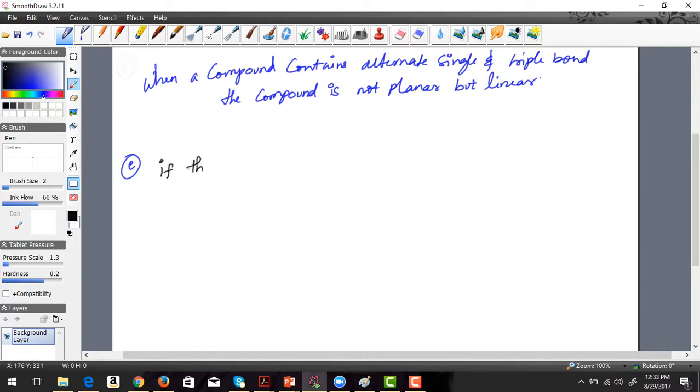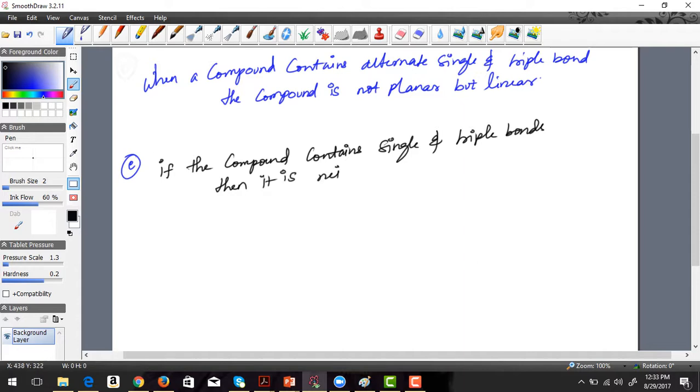If the compound just contains single and triple bonds, you see the word alternate is missing, then it is neither planar nor linear.